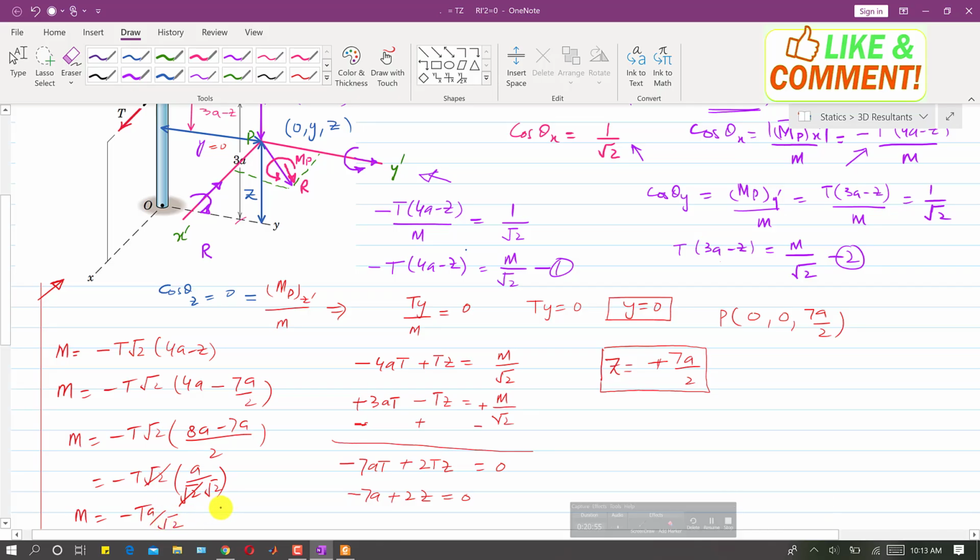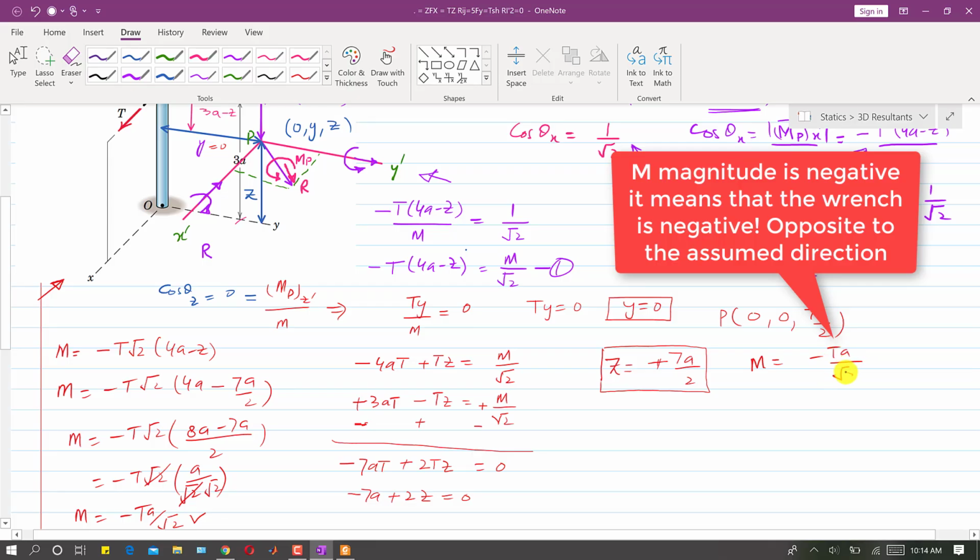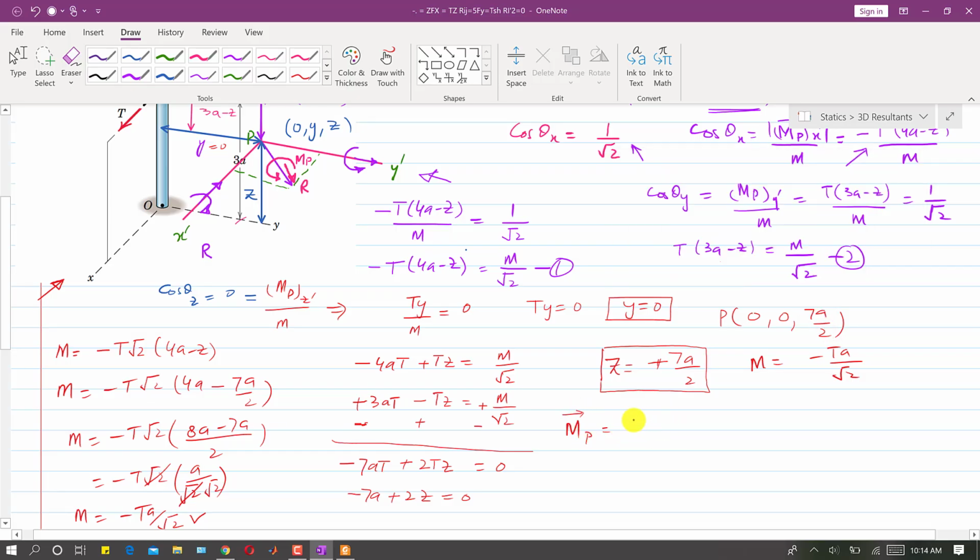So this is the magnitude of this MP of this wrench resultant, right? So this magnitude m is minus ta divided by square root 2. And now if you want to represent the complete vector of this couple, this MP vector will be equal to the magnitude times the unit vector, and the unit vector of this couple and the resultant will be the same, right?